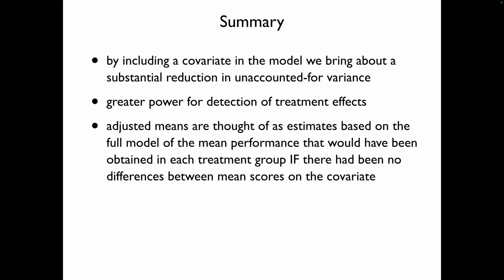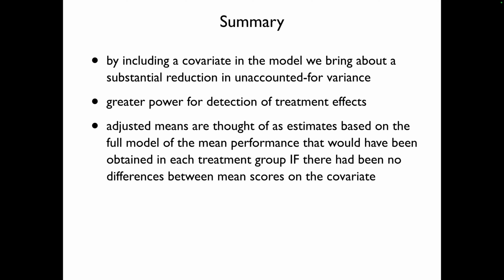And the other thing we can do, if there are pre-existing differences on the covariate, is we can compute adjusted means on the dependent variable that allow us to ask the question, well, oops, the groups were different on the covariate, and there's a relationship between the covariate and the dependent variable. So these differences on the dependent variable, how much are they different because of the covariate being different, and how much are they different because of the treatment effect, the groups?